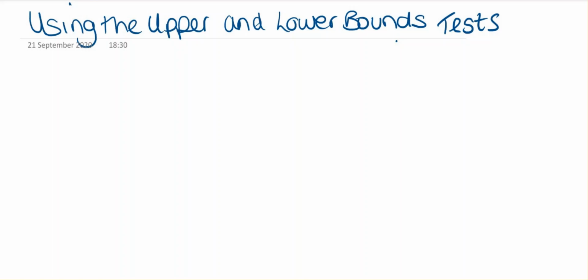Okay, we're going to look at using the upper and lower bounds tests for polynomials so we can reduce the list of possible zeros.